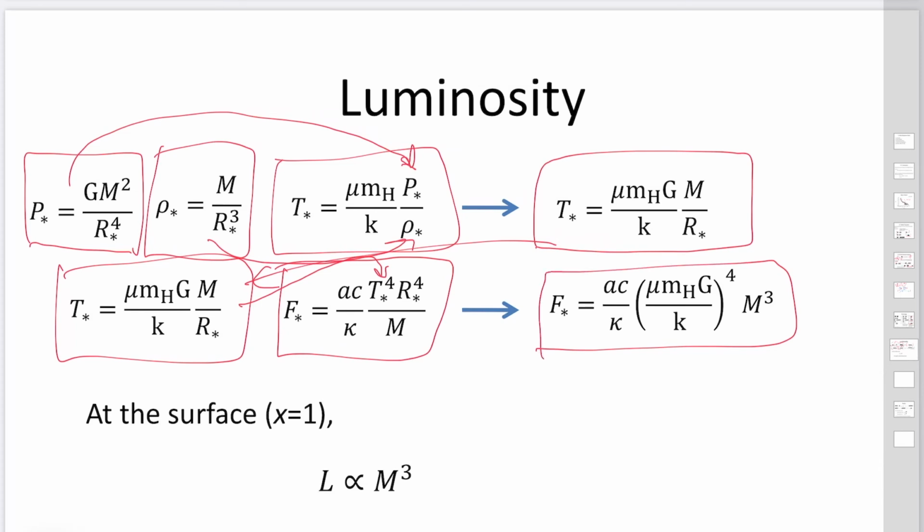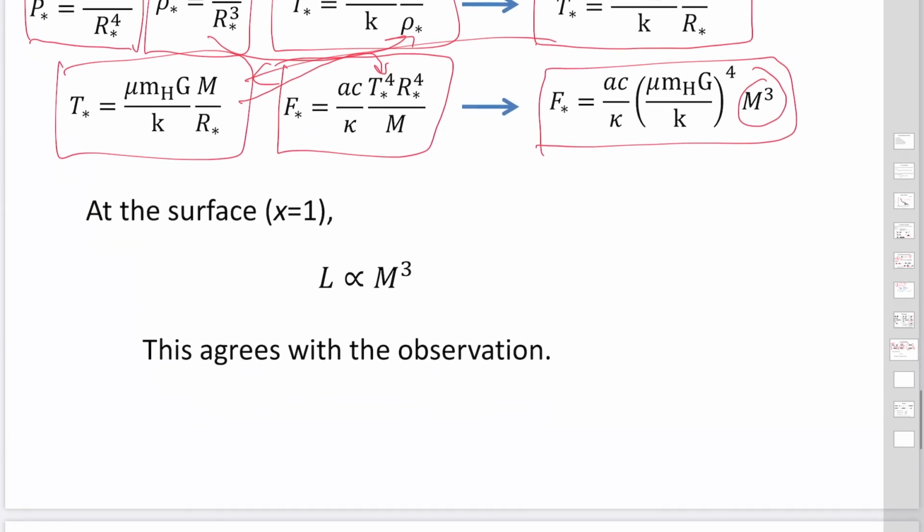So F_star is proportional to M³. So at the surface, luminosity is proportional to M³. So as I explained, we could explain the observations: luminosity is proportional to the cube of the mass of the stars.